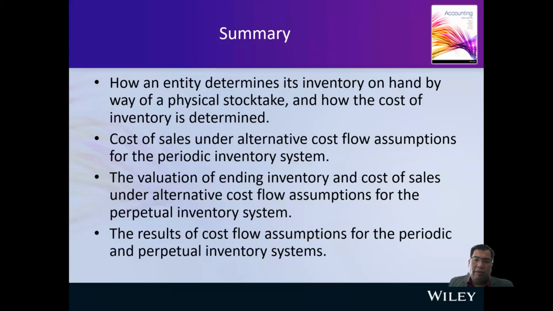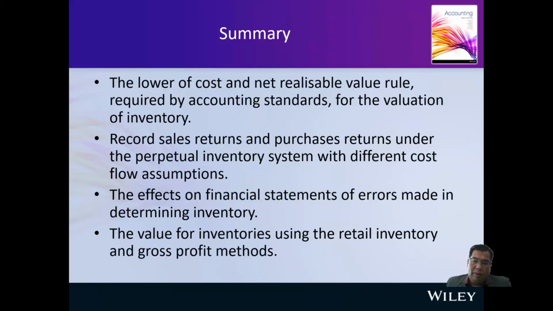The results for the cost flow assumption for the periodic and perpetual inventory systems, and also the formula for the lower of cost and net realizable value, as applied by the accounting standard, where you need to choose the lower value between cost and net realizable value.